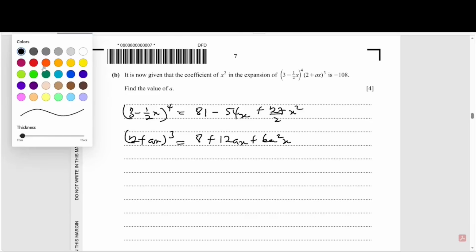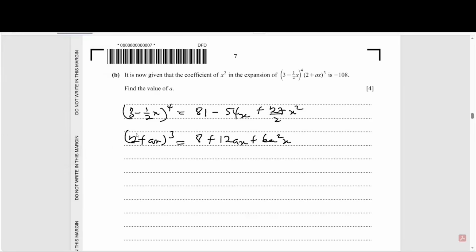And when we multiply the expansions, the question says that the coefficient of x squared after this multiplication, or this expansion, is going to be negative 108. So what we need to do is to find out which terms are supposed to be combined to produce the x squared term. So we start from the first one.